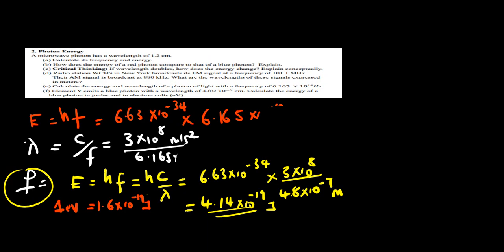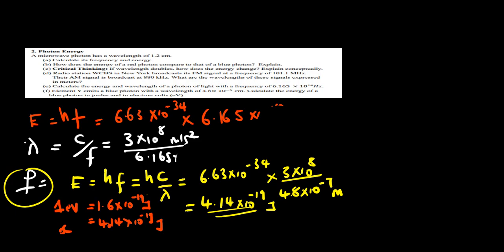Now, what if we have the energy that we've just found, 4.14 times 10 to the power negative 19 joules? What would be the electron volts? Let's just put X there. So we're just going to cross multiply.